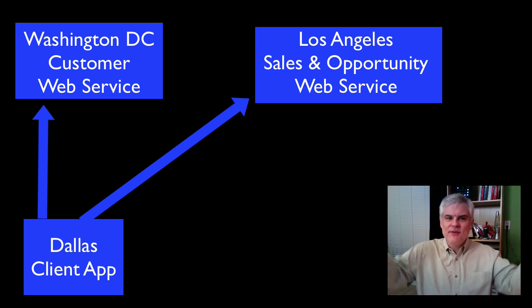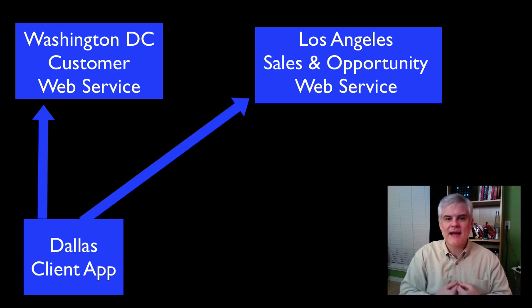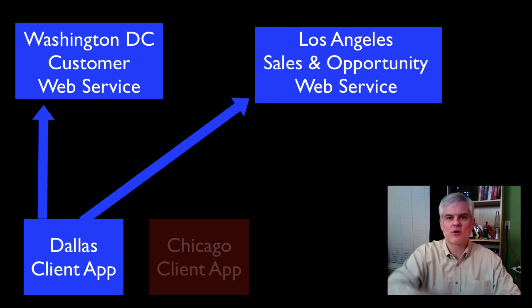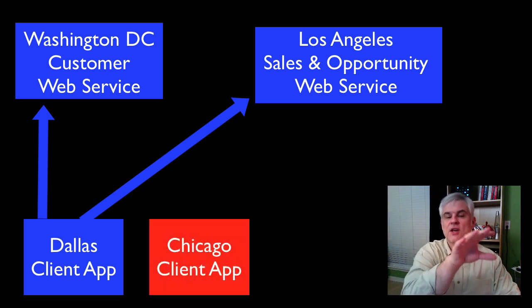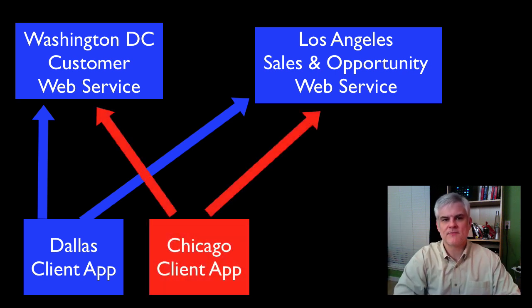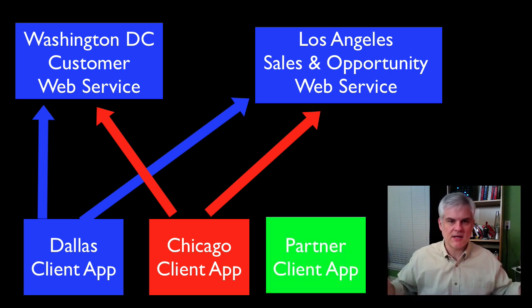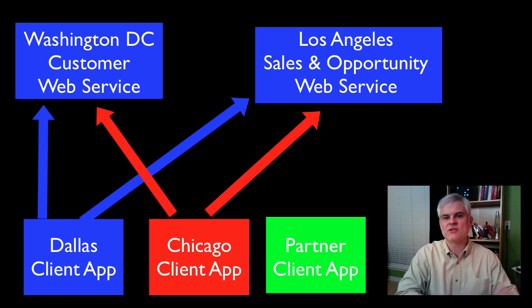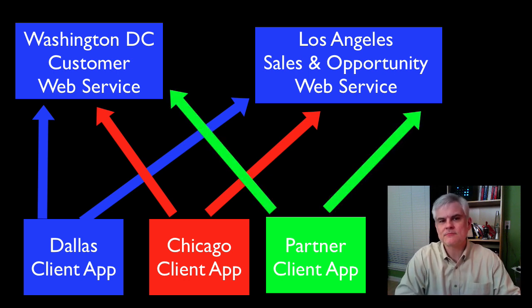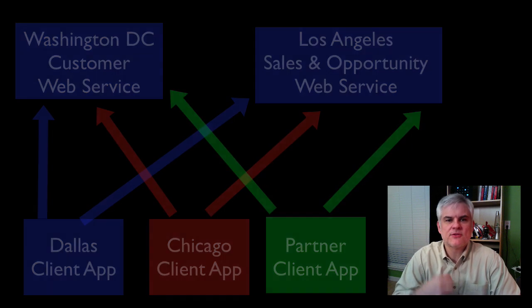Well, I can consume those services for my application. And another developer in the same organization could consume those services for a different type of application. A partner organization, some partner to our company, could, outside of the firewall, gain access to certain portions of that information as well.